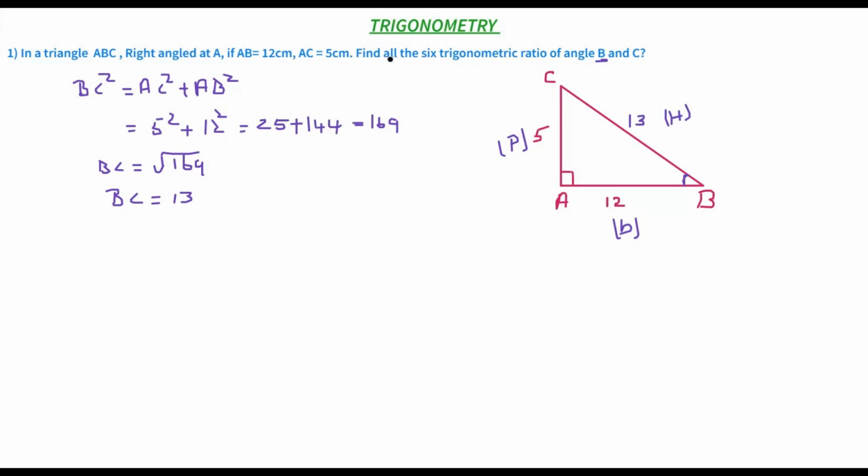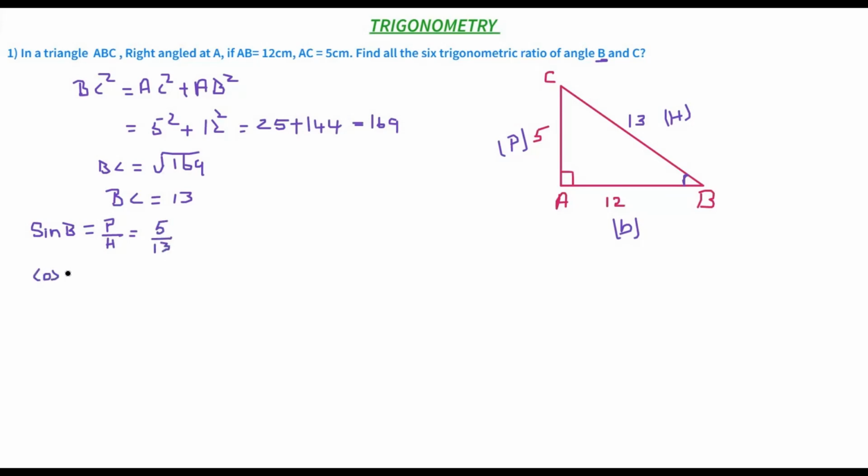Now let us find out all the 6 trigonometrical ratios with reference to angle B. So we know which is our perpendicular side, our base and our hypotenuse. Since it's with reference to angle B, we are going to find sine B. What is sine B? Perpendicular by hypotenuse. So what is our perpendicular here? 5. So it is 5 by 13.